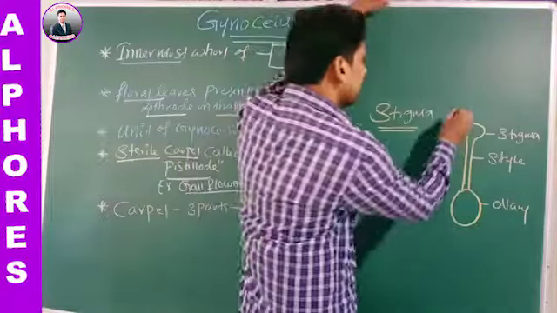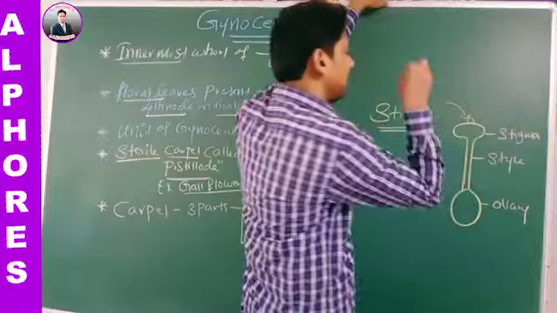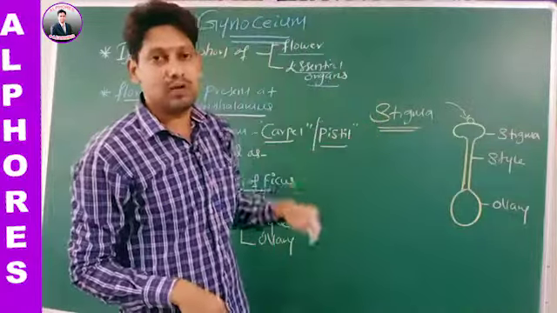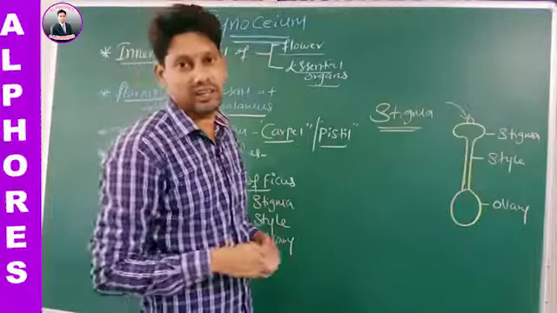It is going to receive the pollen grain. It means pollen grain comes and lands on the stigma. What is landing? Pollen grain. Where? On the stigma. It means stigma acts as a platform for landing of pollen grains.